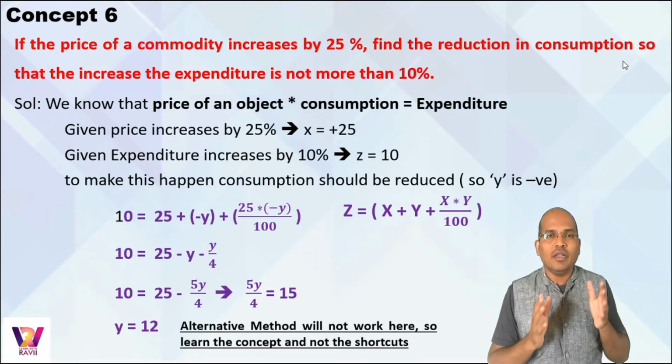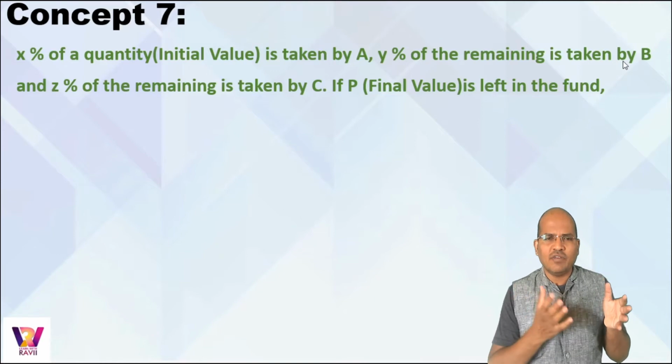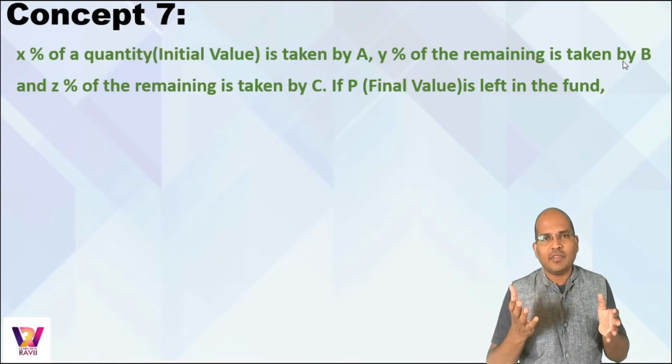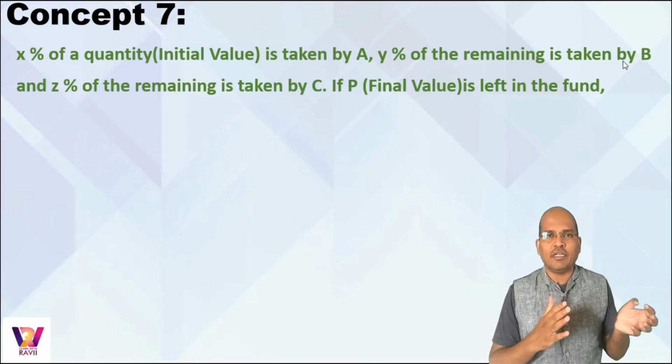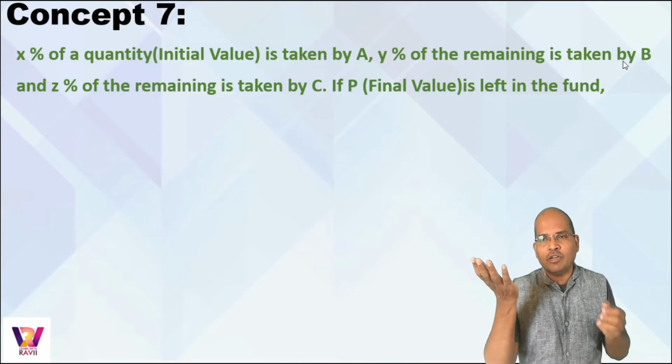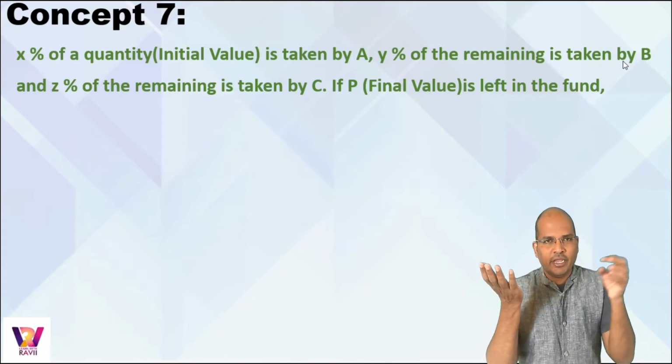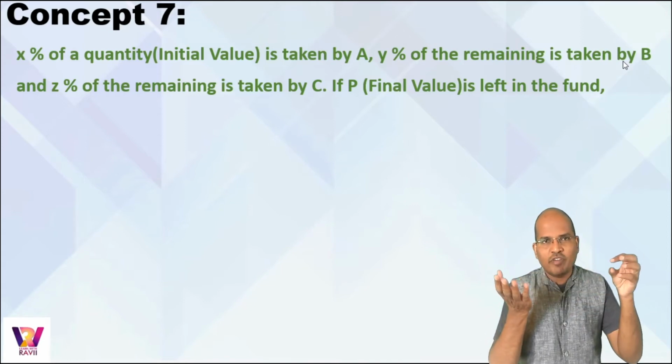of the model P into Q is equal to R. X percentage of a quantity, the initial value, is taken by A, Y percent of the remaining balance is taken by B, and Z percent of the remaining is taken by C. We have an initial value. From the initial value, X percent is taken by A. Once this X percent is removed, we have some balance.